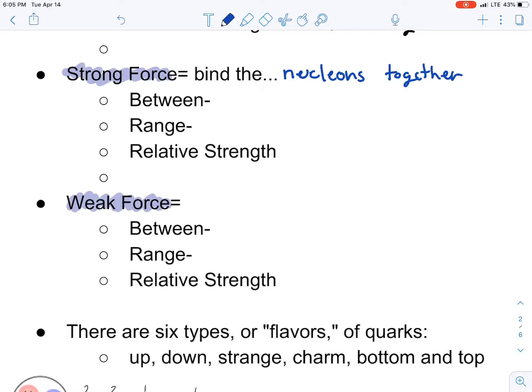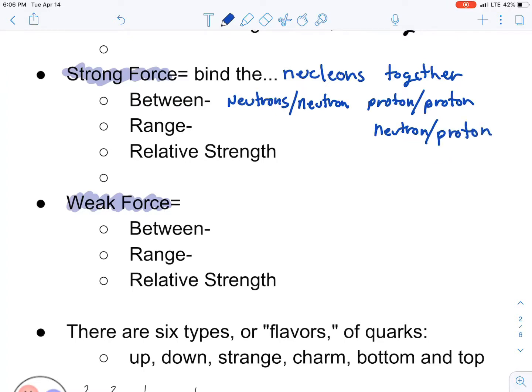It's between the neutrons and neutron, proton and proton, and of course neutron and proton. All right, so it's between those things, right? It holds them together. That's why they stay together.